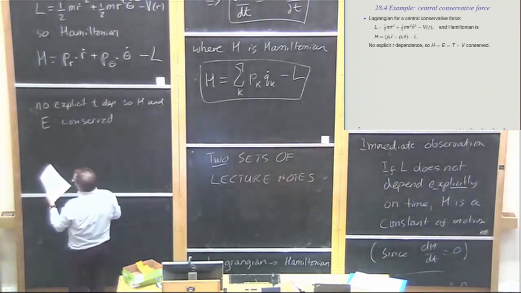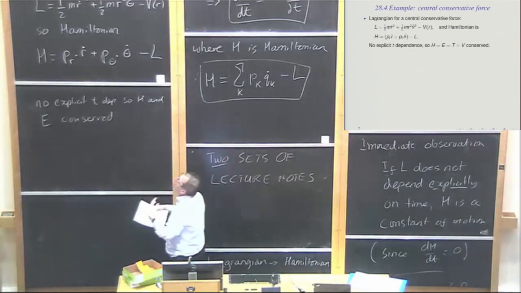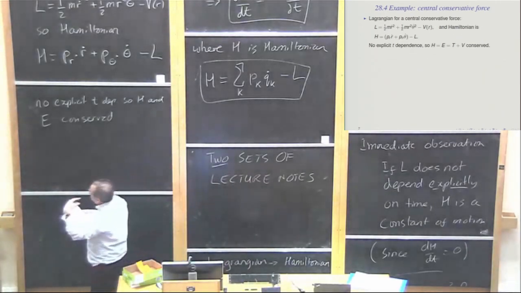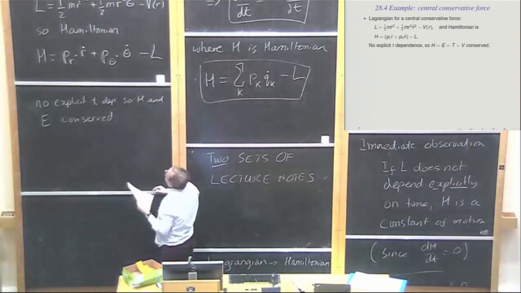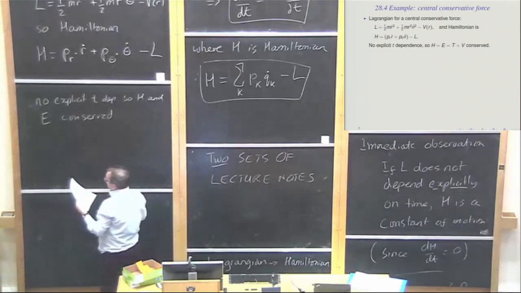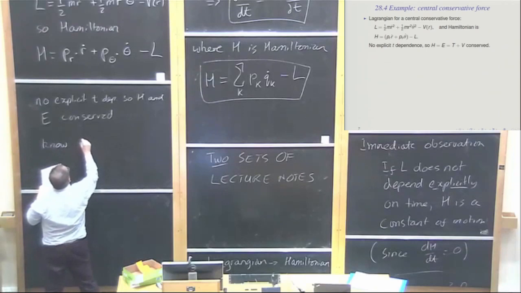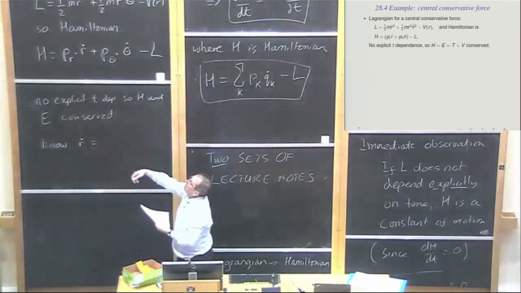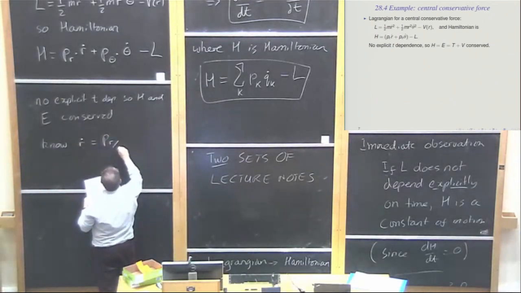So we want to write the Hamiltonian in terms of the momenta, in terms of the pk's and the qk's. So we'd like to eliminate the r dots. Okay, so we know that r dot, what is that? Well, I can just write that as the radial momentum divided by the mass, pr over m.